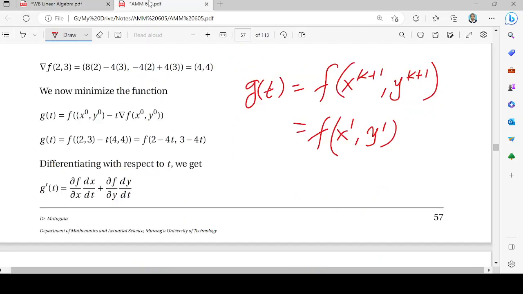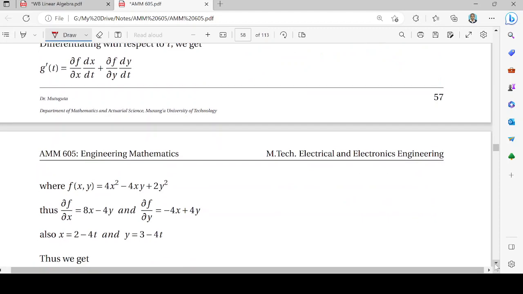So this is what we do. This is the g prime. Then we find the partial derivative of f with respect to x. We had already determined that. Partial derivative of f with respect to y. x is this, y is that. So dx by dt is minus 4, dy dt is minus 4.